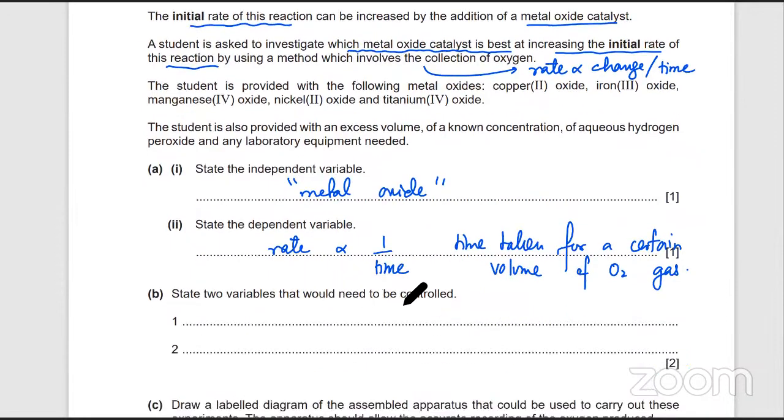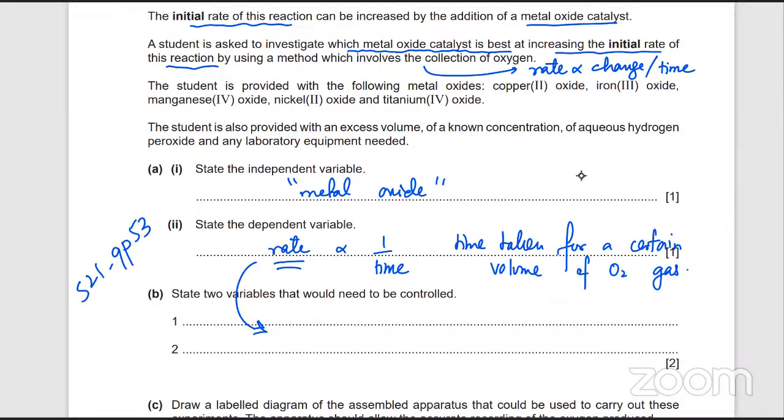State 2 variables that need to be controlled. Now, here is a question, this is summer 21 question paper 5-3. Whenever you have a rate of reaction question, you need to control any variable that would alter the rate of the reaction.